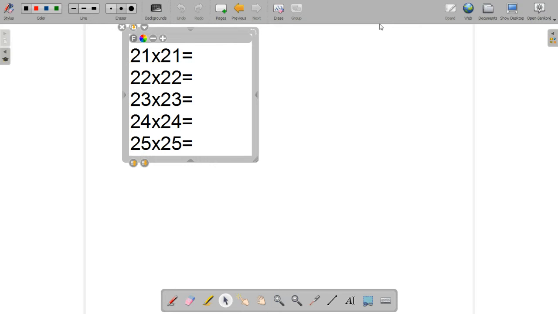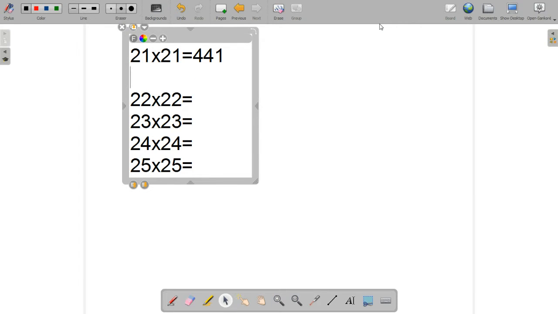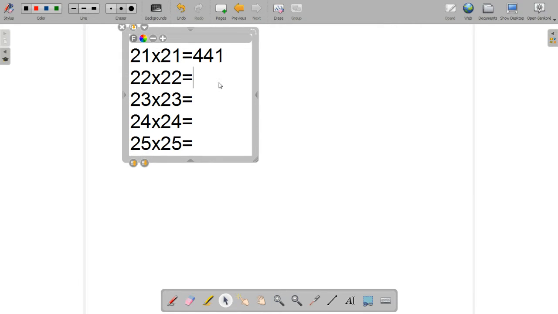So instead of subtracting 20 and 19, you add 20 and 21 since you're going up. So what's 20 plus 21? 41. So there's your answer. You could actually just keep on doing that pattern. But yeah, 22 times 22.